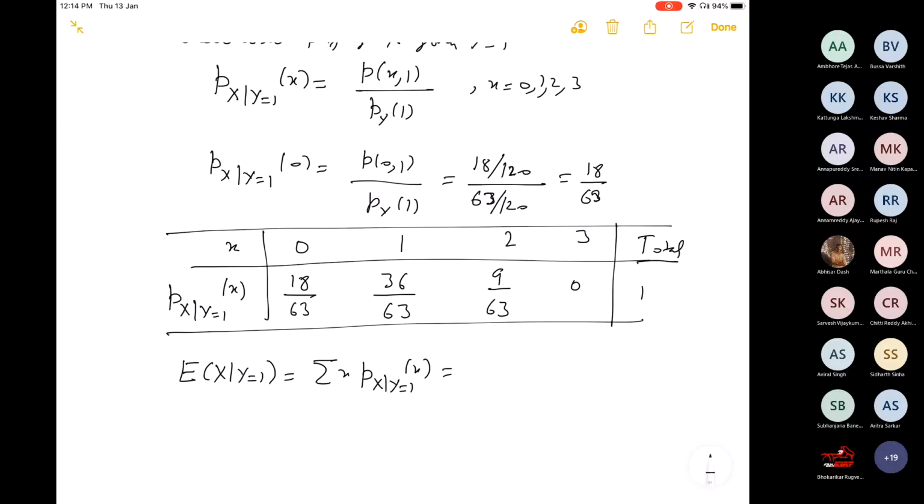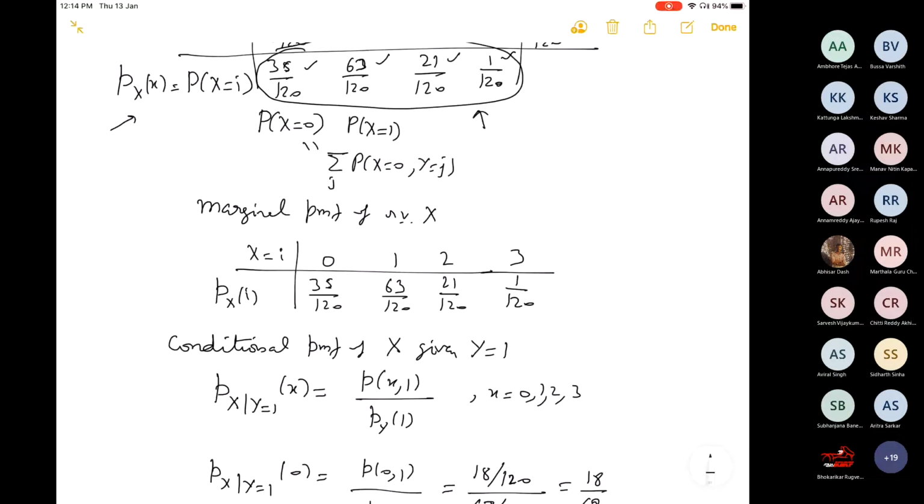So multiplying this, 1 into 36 by 63 plus 2 into 9 by 63. In this fashion, you can find out this value also. Similarly, you can find out the mean and variance corresponding to x also and y also from here.